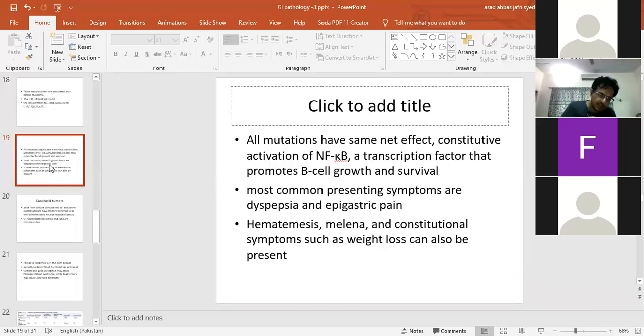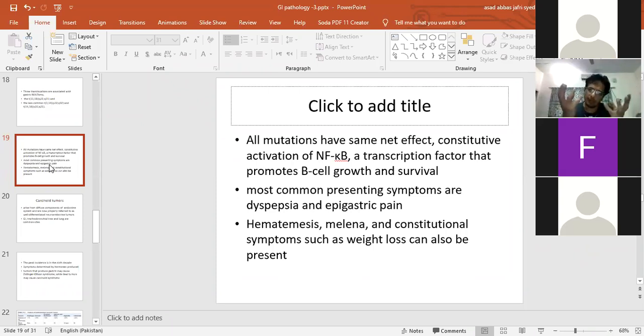जब तक ये mutations occur नहीं होती, what happens is because of the Helicobacter pylori chronic gastritis, cytokines are released, and this keeps on ordering the cells to release nuclear factor kappa B, and this drives the B cell proliferation.